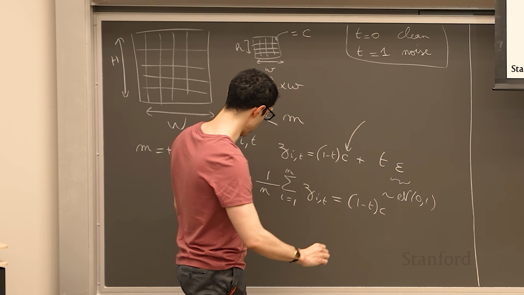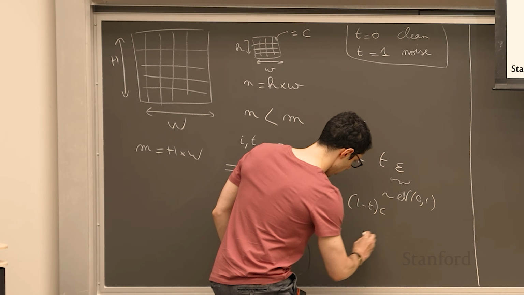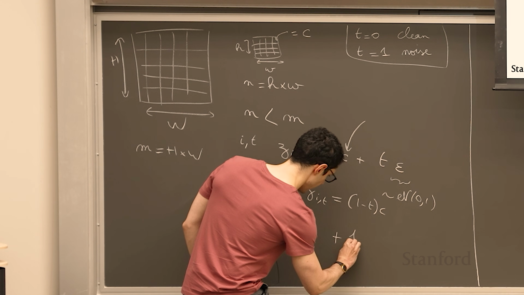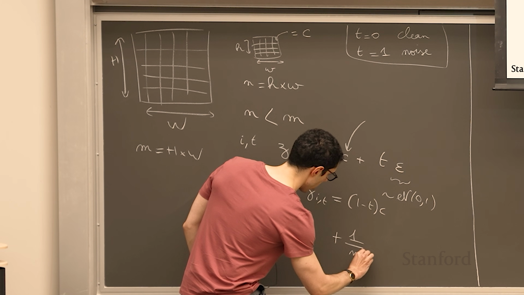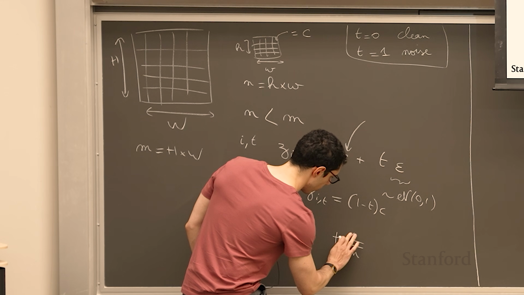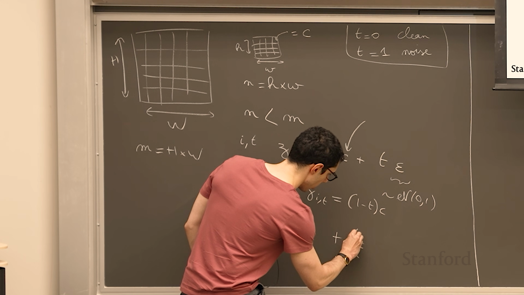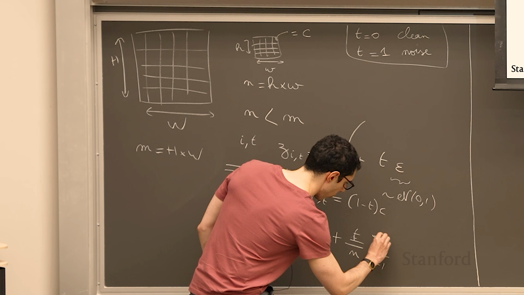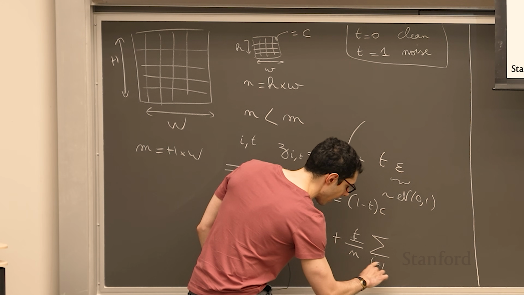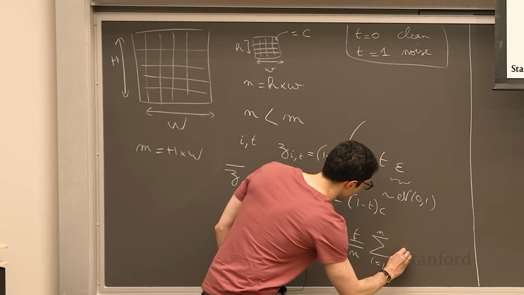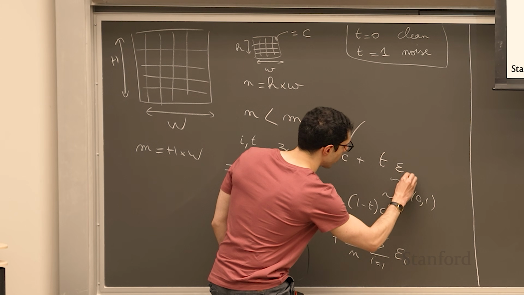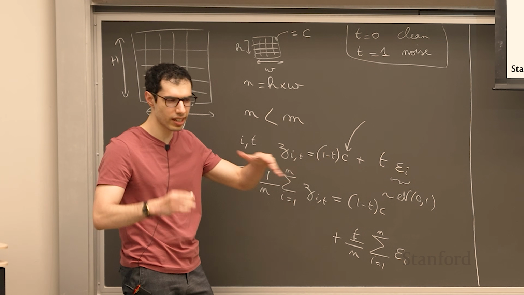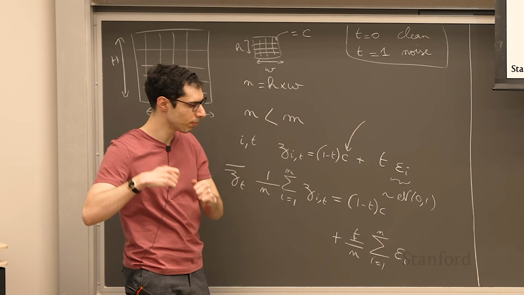And here, plus the average, the sum of i from 1 to n of the epsilons as a function of i, because the noise here is different from one pixel to another.